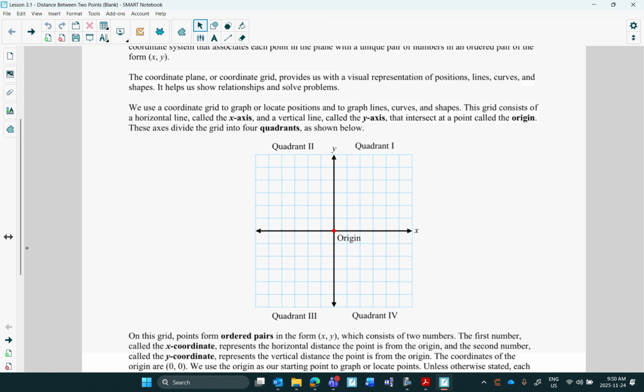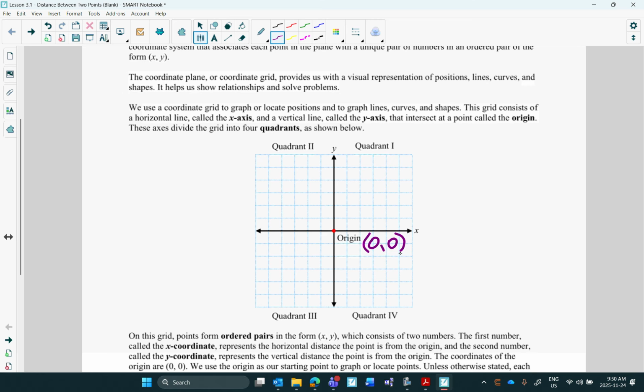And the point where the two axes, that's what they're called, meet, is called the origin. That's our reference point. That's what we always use. And it is represented by the coordinate 0, 0.